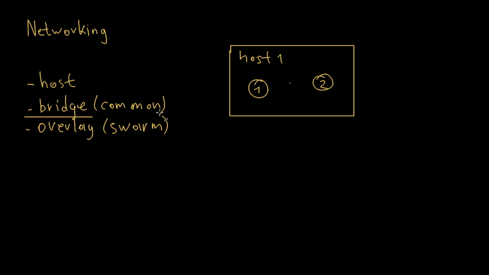And what bridge network allows you to do is simply create a connection, a bridge. This is a bridge network, and you'll be able, for instance, to run a ping command from both of them to ping another one.